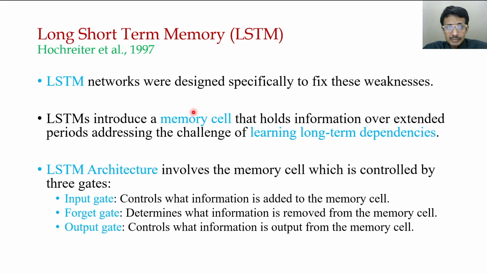Now this memory cell is controlled by 3 gates. When we discuss the LSTM architecture, we will understand how these 3 gates, namely the input gate, forget gate and output gate, control this memory cell, which essentially solves the long-term dependency issue.